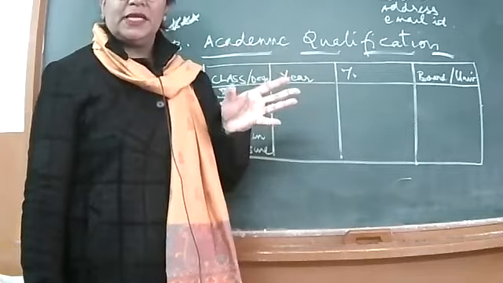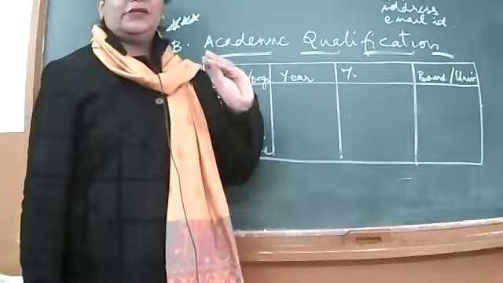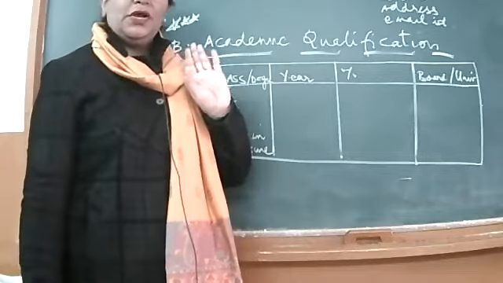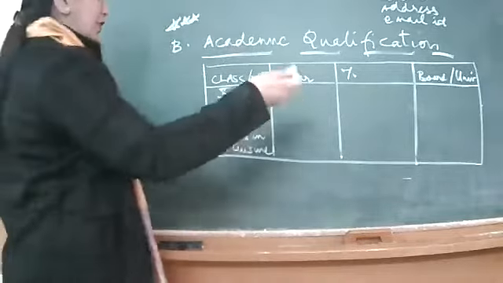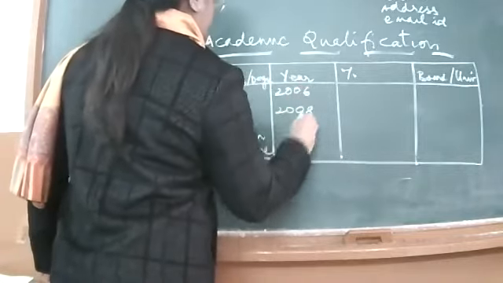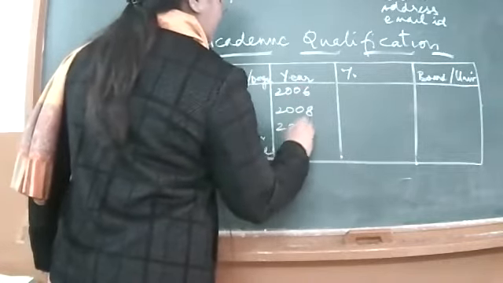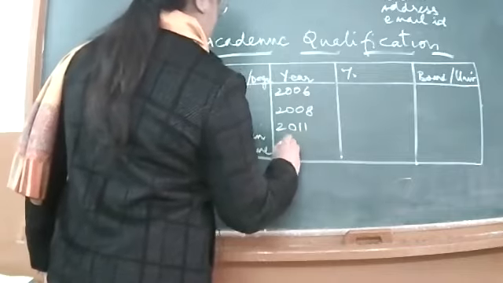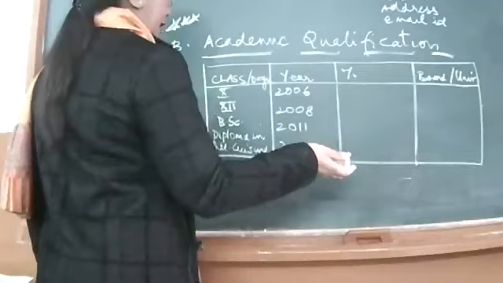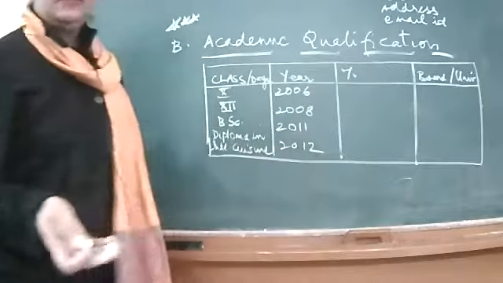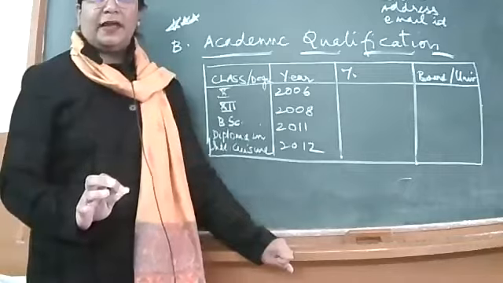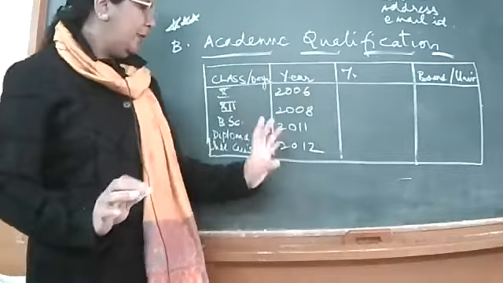Then accordingly, when you did your class 10th, say the year was 2006, this would be 2008, this would be 2011, 2012. And yes, we can talk about this here, you have experience and whatever. So we still have a 5-year gap, and you can make the alterations accordingly.